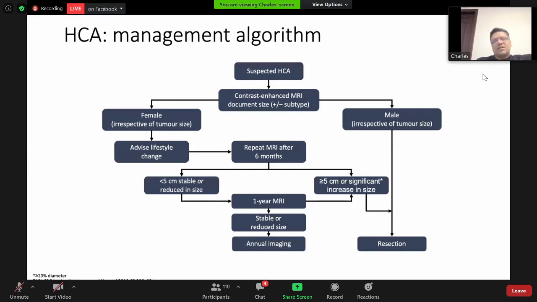And the clinical scenario plays a very important part in diagnosis. Young patients, females on OCP, patients with glycogen storage disease with lesions, young males on androgens, such patients are more likely to have a hepatocellular adenoma than a hepatocellular carcinoma.